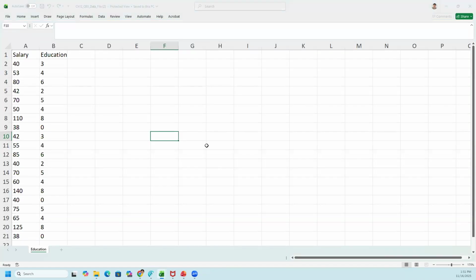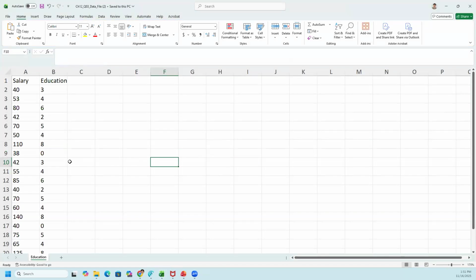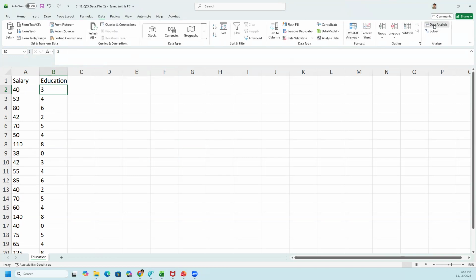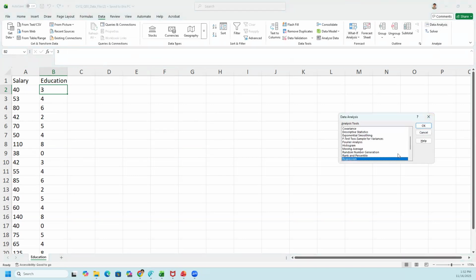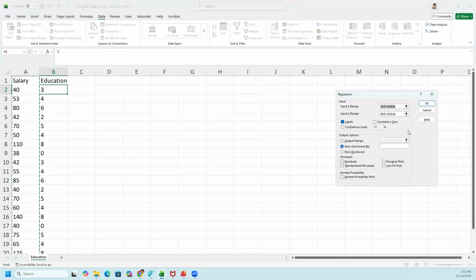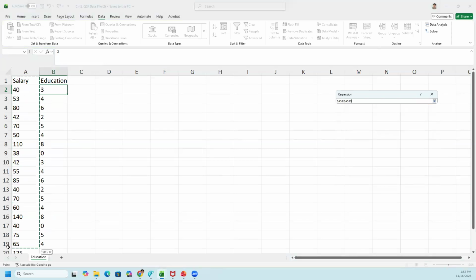In this case, we are assuming that the salary is dependent upon education, or the variation in the salary can be explained by the number of years of education that has been taken by any individual. So you go on to data, click on data analysis, click on regression, and then the Y range is the dependent variable that we are trying to explain.